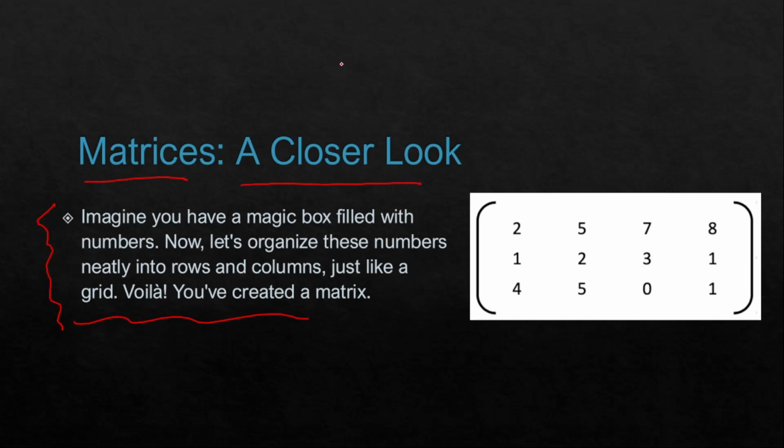A matrix is a table that has a bunch of data. It doesn't matter what data, but it is structured or organized in rows and columns. For example, if I have a banana and an apple, they are both in one row, in two different columns. This thing here is a matrix.